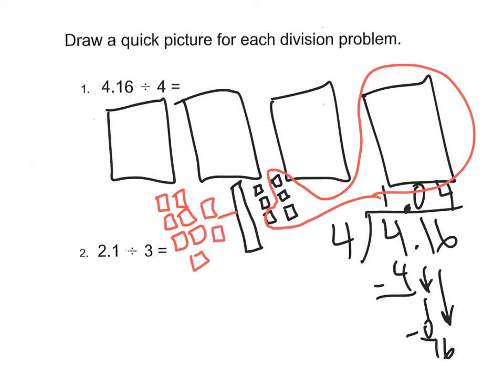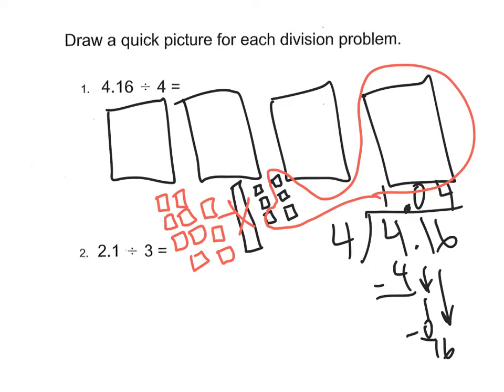If I really want to go and grab 4 hundredths for each of these, then maybe now since I've broken it apart, it's a little bit easier to go and grab it.